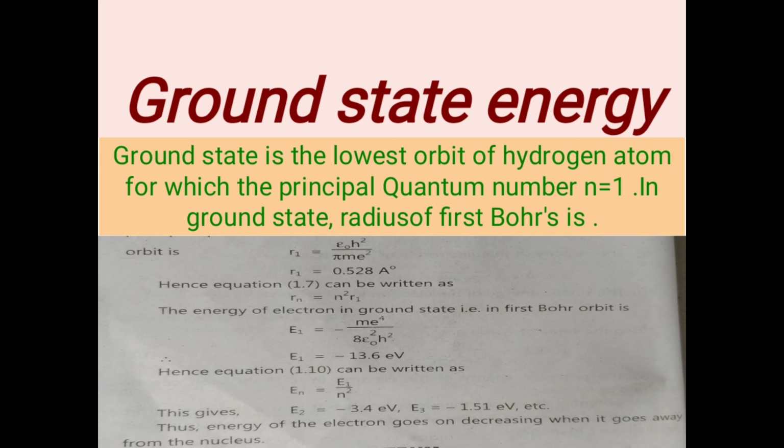The equation of total energy can be written as En is equal to E1 upon n square. This gives E2 equal to minus 3.4 electron volt, E3 equal to minus 1.51 electron volt, and so on. Thus, the energy of electron goes on increasing when it goes away from the nucleus.